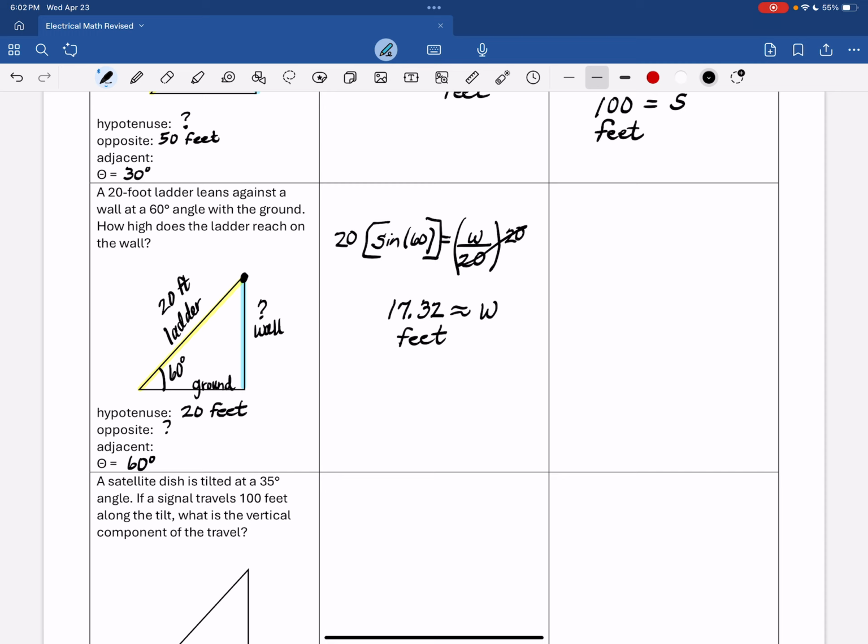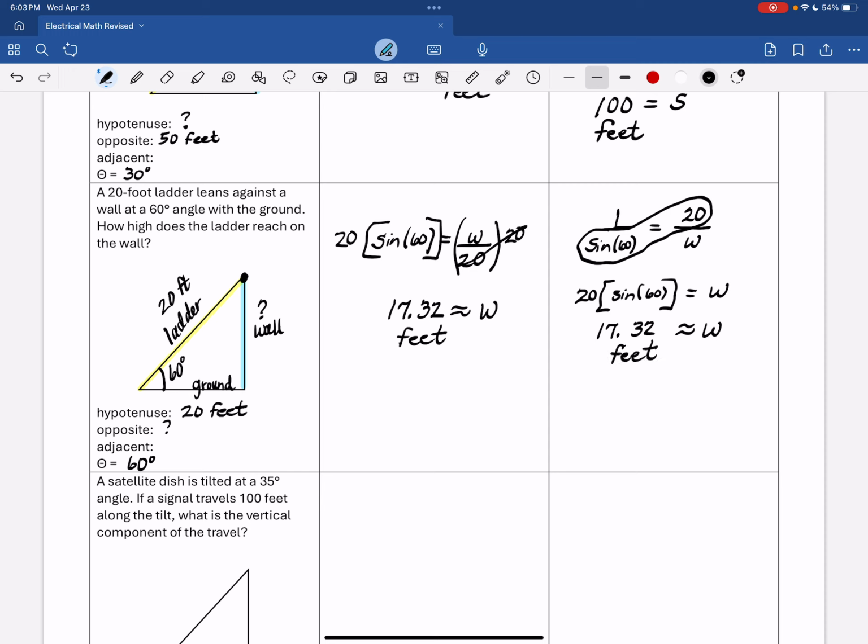If you go the cosecant route, you know that cosecant is 1 over sine. And we also know that cosecant is hypotenuse over opposite. So that would set up this proportion. So we get 20 times the sine of 60 equals 1 times W. So W is approximately 17.32 feet.